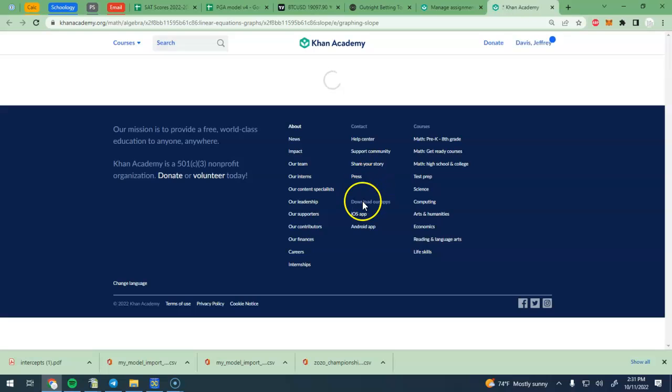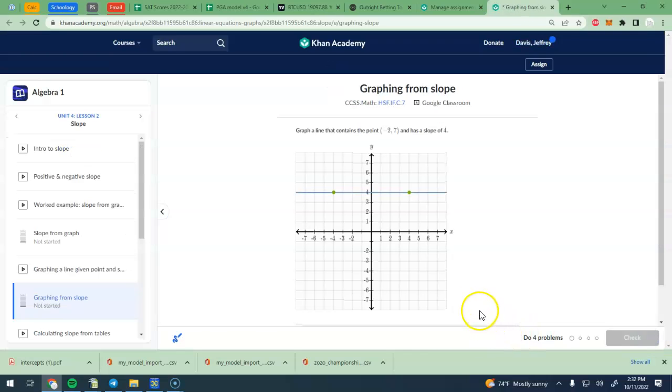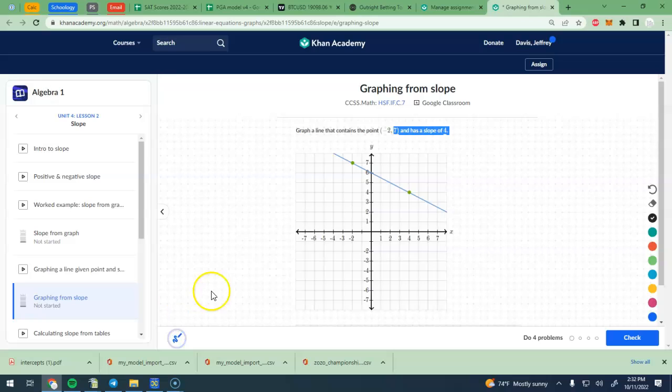All right, graphing from slope. So contains the point -2, 7, so I'll start there. So -2, 7, I'm just putting that right there. And then a slope of 4. So what that means, a slope of 4 is 4 over 1.